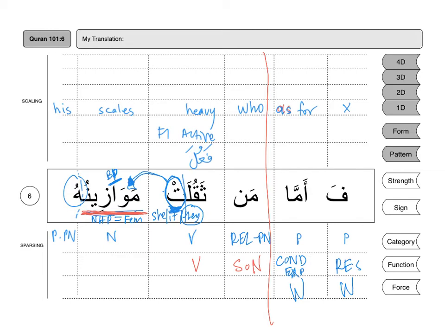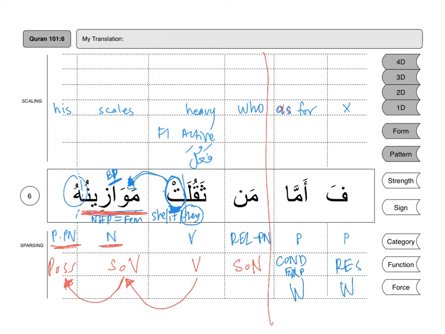You only find a pronoun for a subject of verb when there is no standard noun being that subject of verb. So in this case, mawazin is a subject of verb. Now whenever you have a noun plus a personal pronoun, that personal pronoun becomes possessive, and in this case mawazin drags that possessive, and thaqulat pushes that subject of verb.